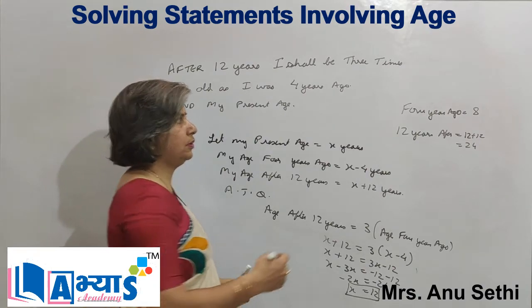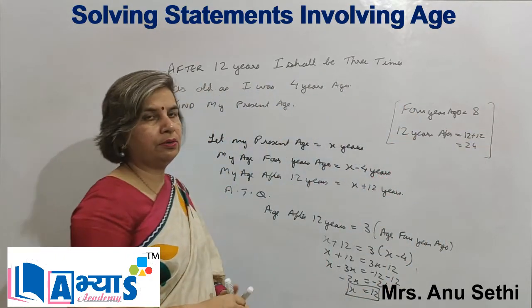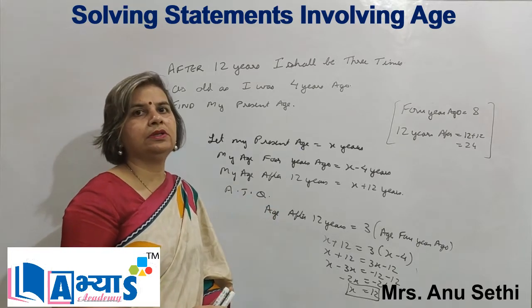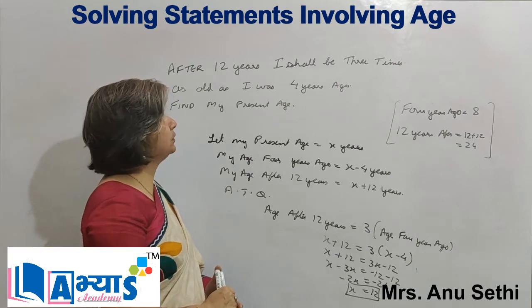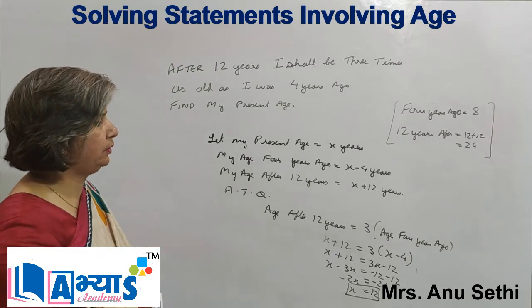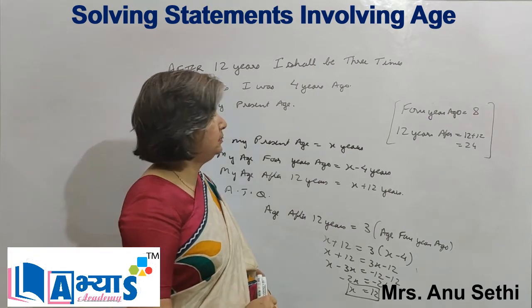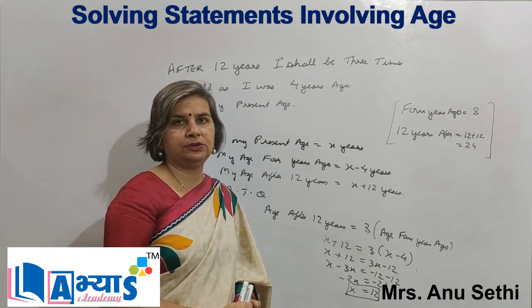So this is how we can verify whether the answer we have found is right or wrong. We substitute the values and check the relationship given in the question. If this relationship holds true, then the calculation has been done right and the age I have calculated is the correct age.